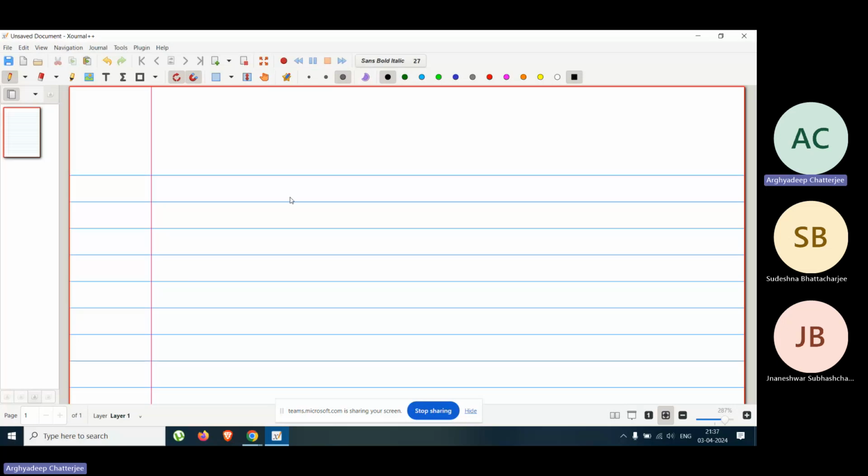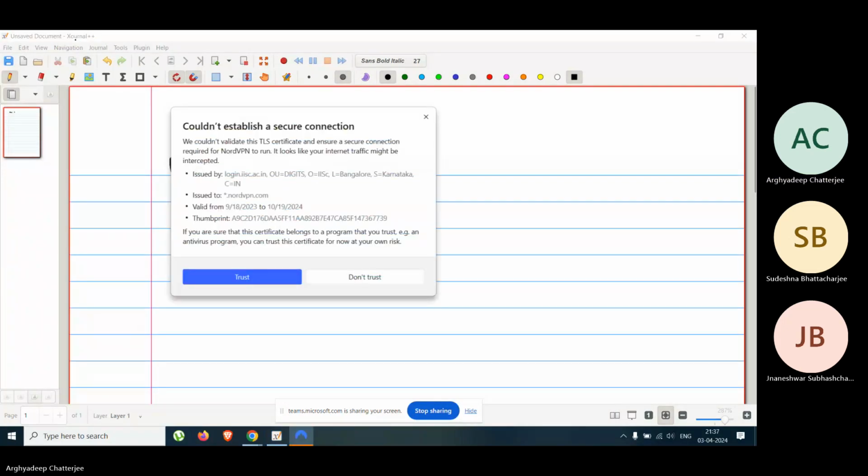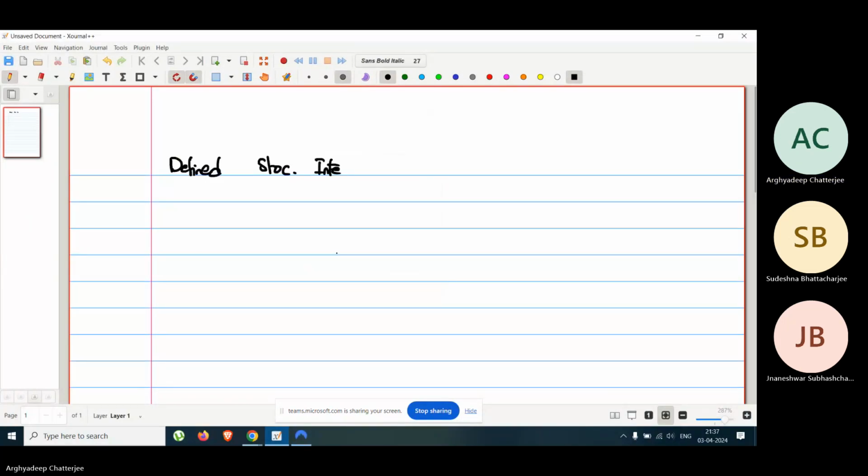So okay. Recall from last class, we defined stochastic integrals for simple functions. So what are simple functions?